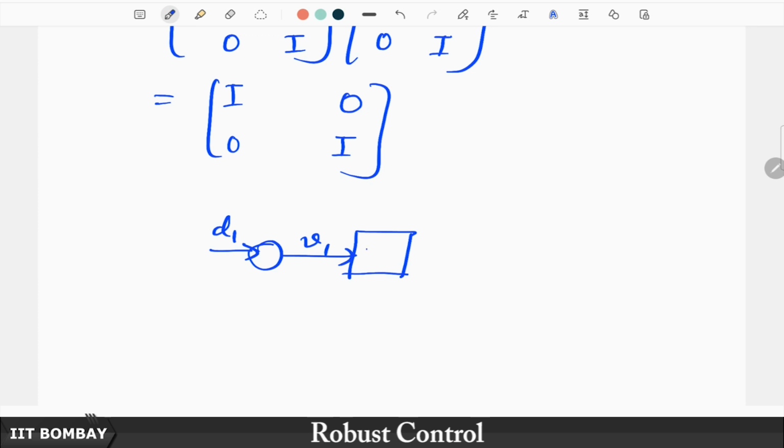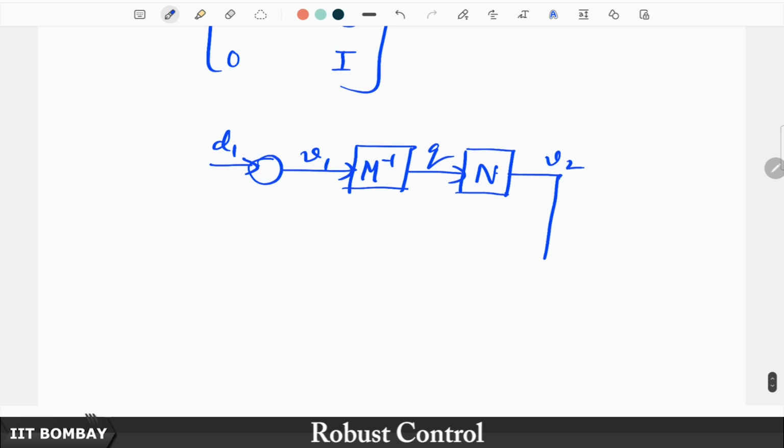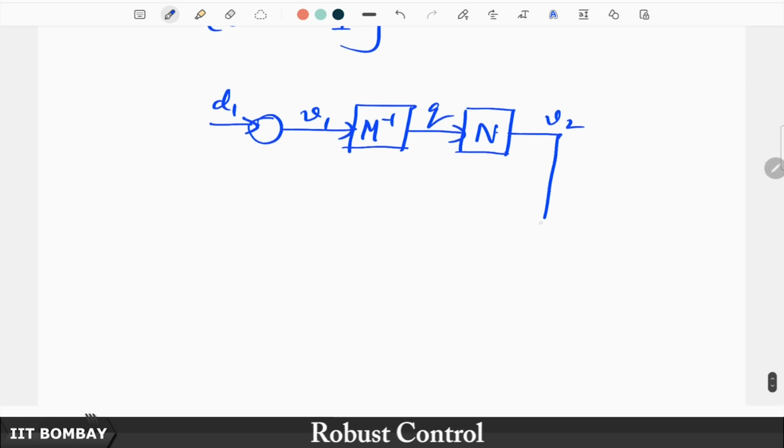So, this becomes M inverse and this becomes N, let us call this signal here Q, this is V2. So, what does this entail? This says that you are writing G22 as N M inverse, just the right coprime factorization is all that we are doing here, we are splitting it up.